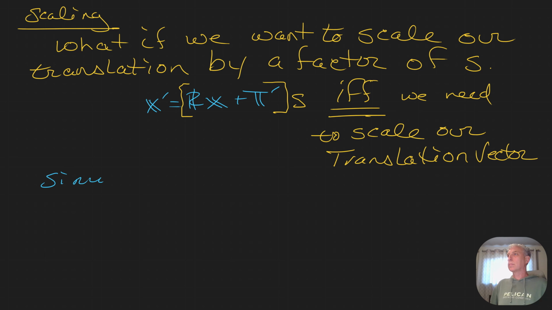Similarly, our new coordinates equal the rotation matrix times our old coordinates plus the prime of our translation vector.